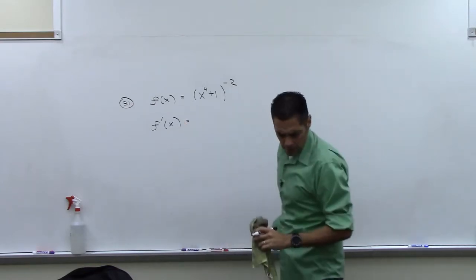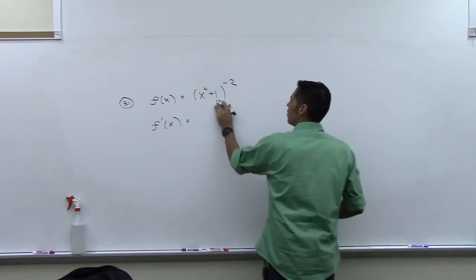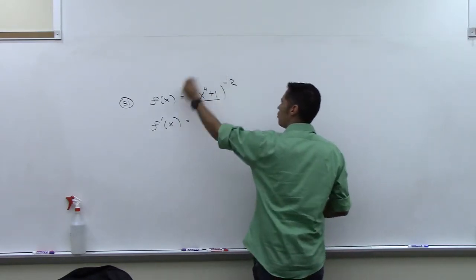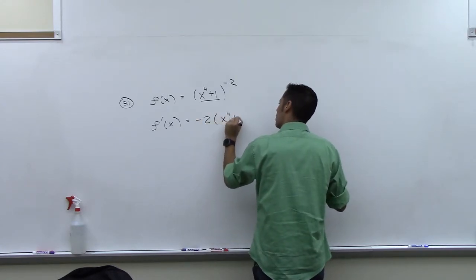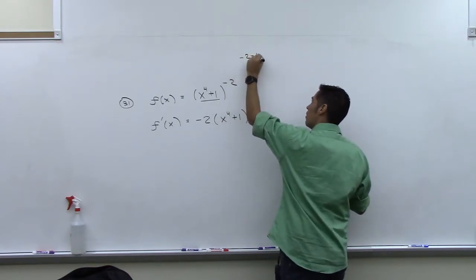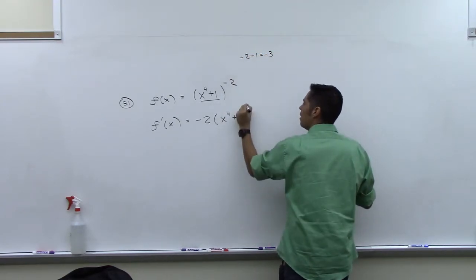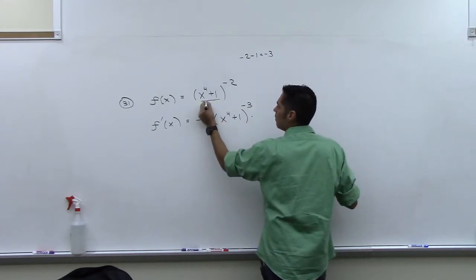All right, so we have the same thing. We're just going to come in here, take this, we're going to drop the power out front, negative 2, x to the 4th plus 1. We subtract 1 from this, so negative 2, take away 1, that's negative 3. So be careful there. This is negative 3 times the derivative of what's in here.